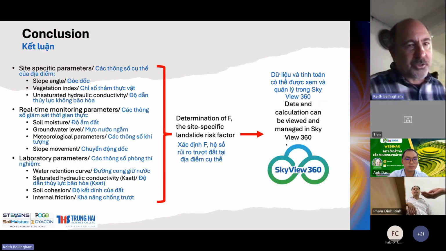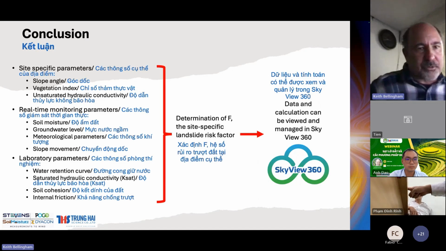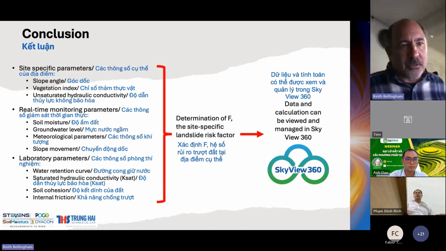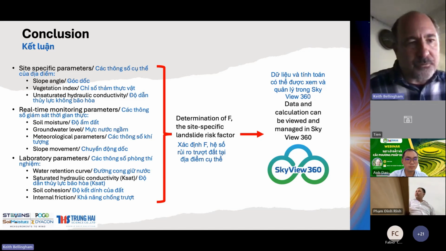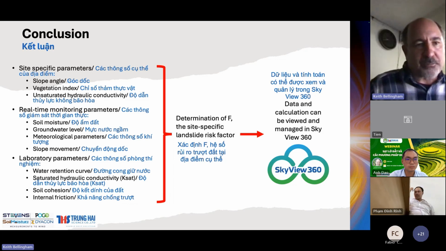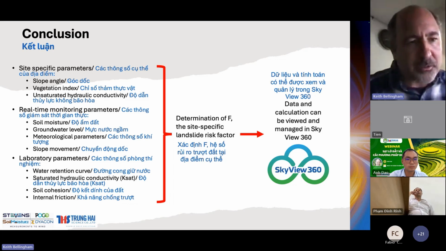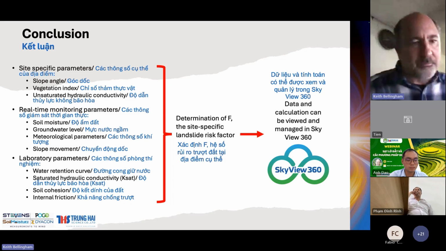So in conclusion, site-specific parameters such as vegetation and the slope angle can be used to determine the best place for a monitoring station and determine the risk.